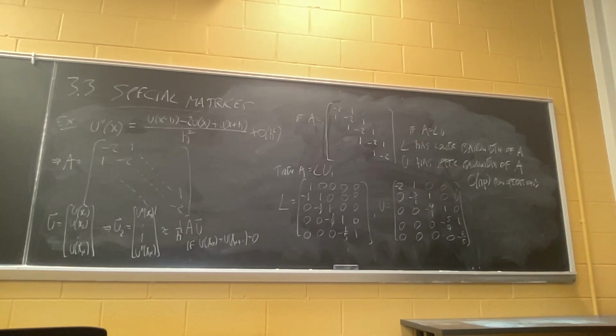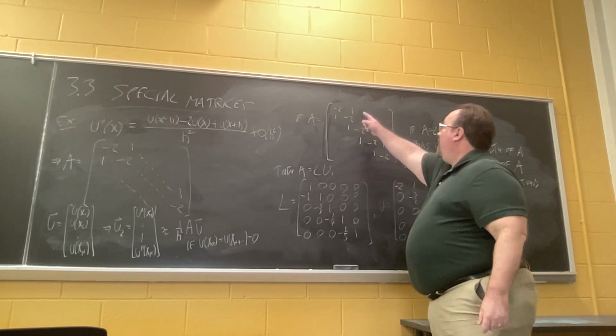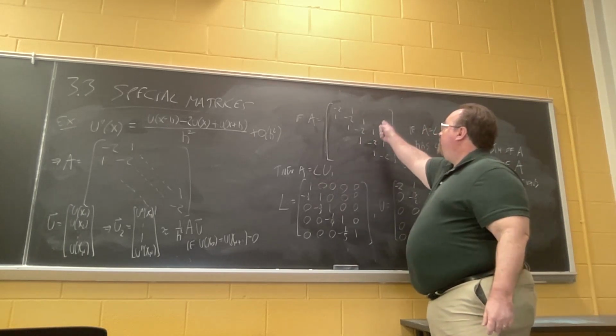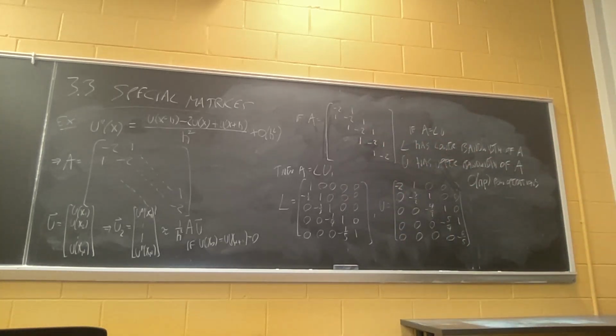But also, if you're taking a multiple of row j and subtracting it from row i, if the entry in row j is 0, then there's nothing to update. No change is going to happen.